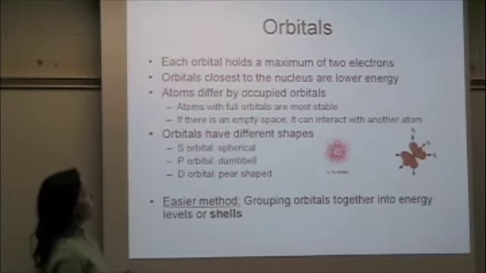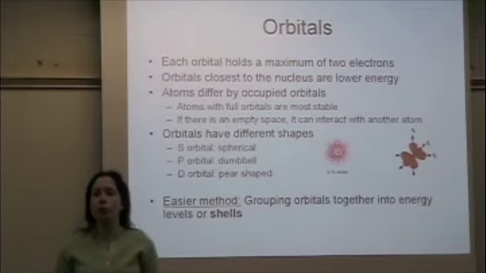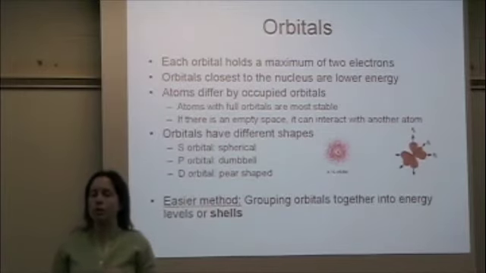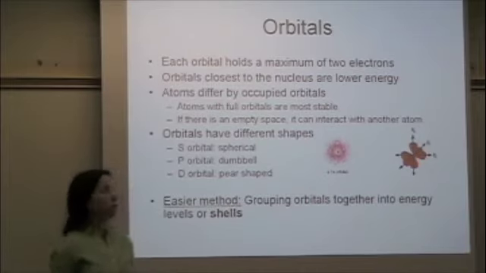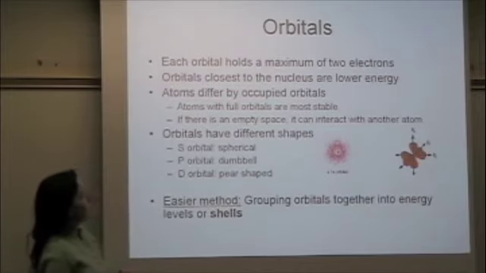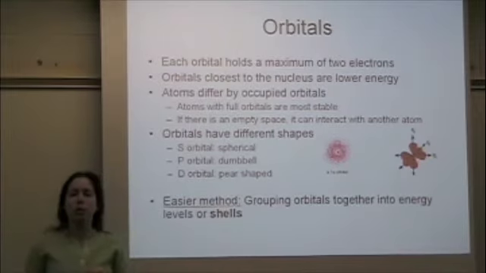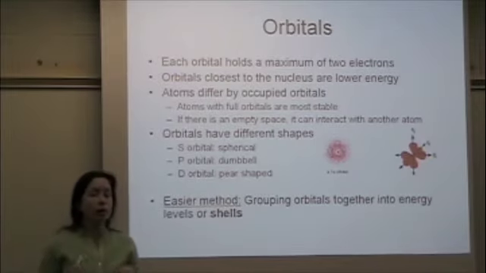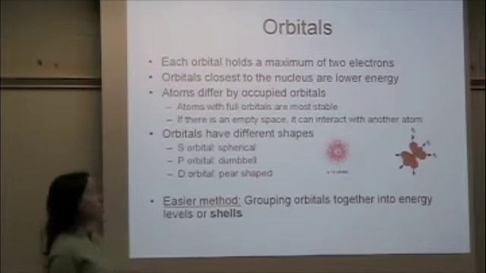If an atom has a full orbital, meaning 2 electrons in that orbital, that's going to be more stable than just having 1 electron. If there's an empty space in an orbital, that atom can interact with another atom and maybe grab an electron or share an electron in an effort to become more stable.